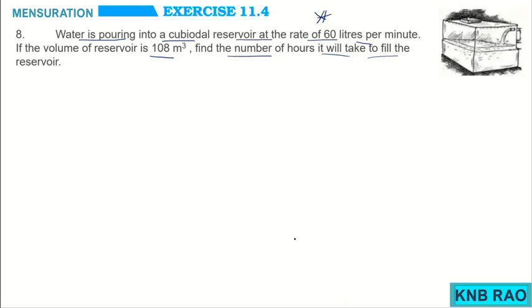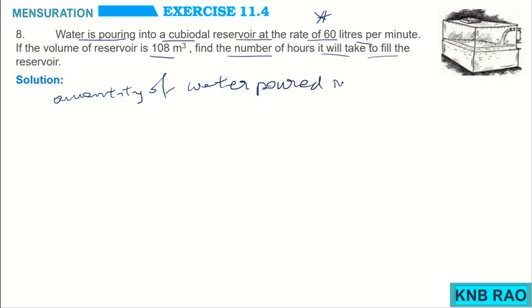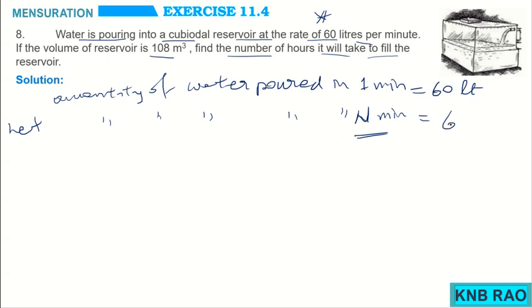Here we know that the quantity of water poured in 1 minute is 60 liters. We will assume that the quantity of water poured in n minutes, we don't know how many minutes, is 60 into n liters.